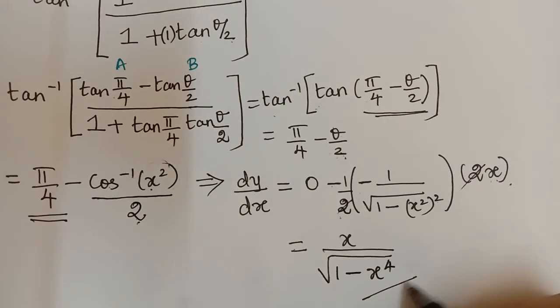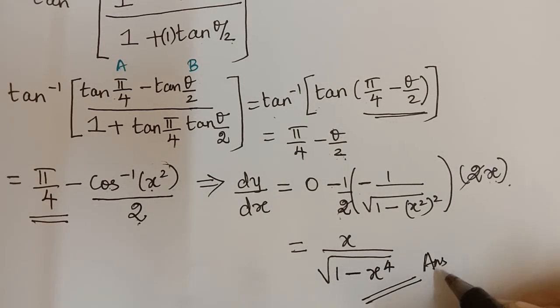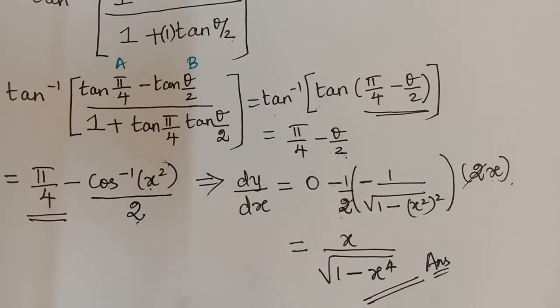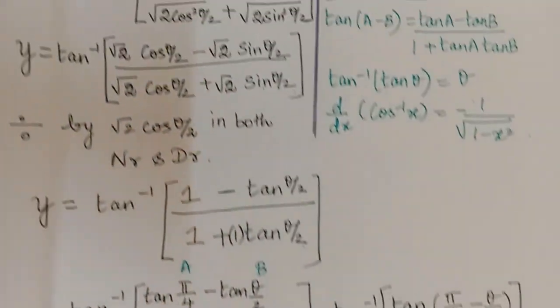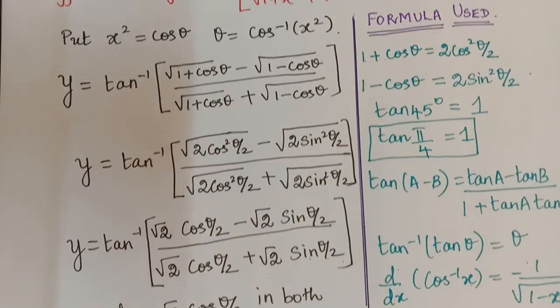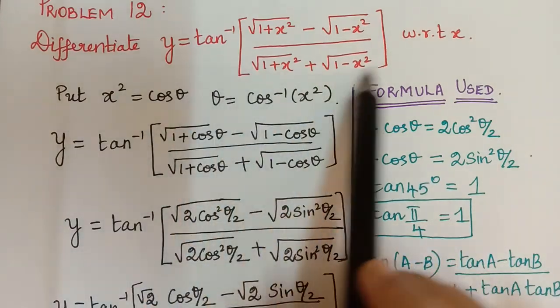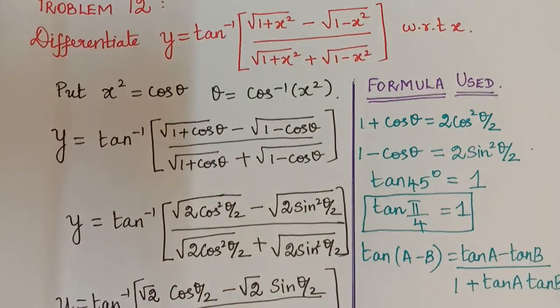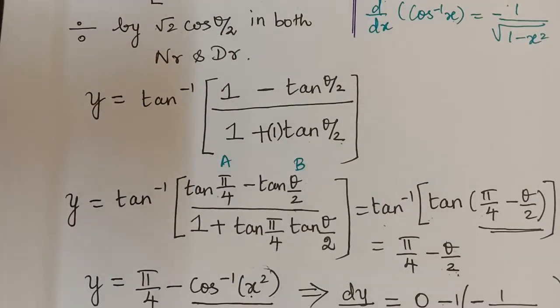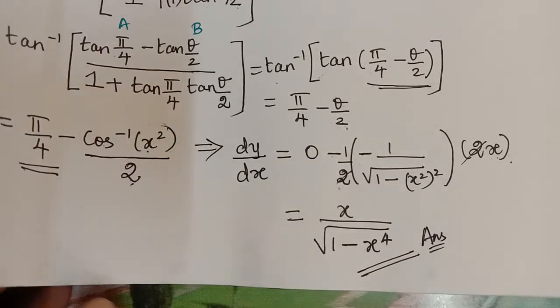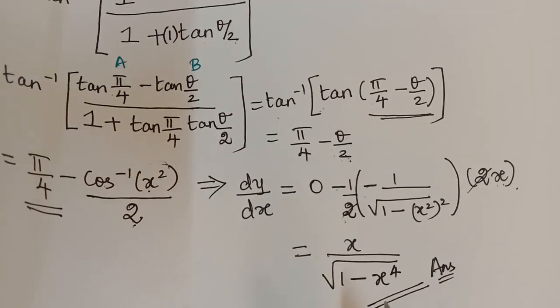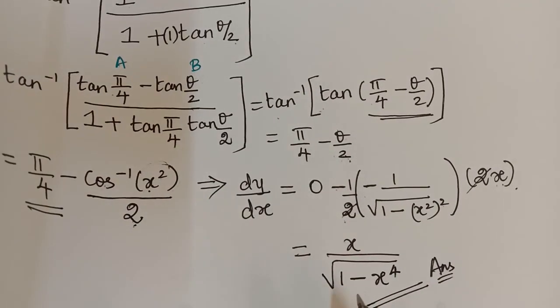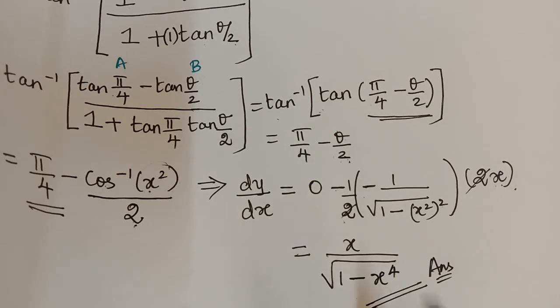So this is the answer. Hope you have understood this. Therefore, the differentiation of y is equal to x divided by square root of 1 minus x to the power of 4. It's a very important problem. Thank you.